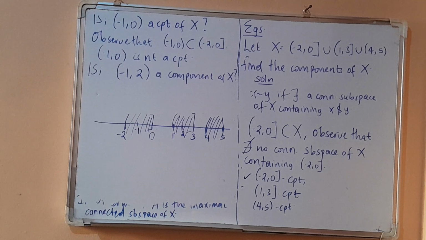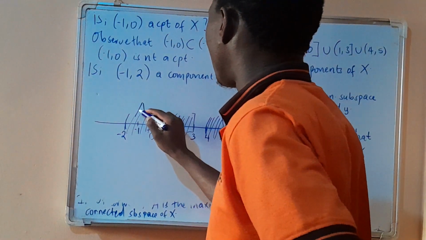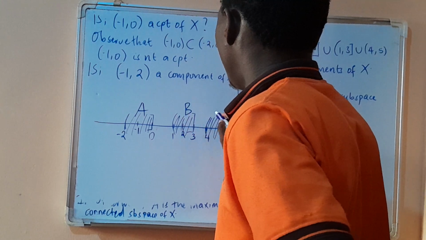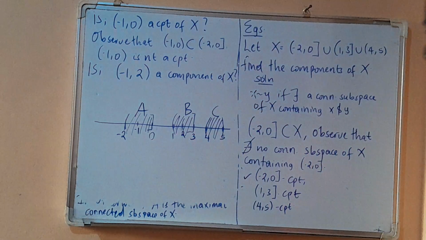Because X is the union of this set, which I can call A, B, C, and you realize that A, B, and C are disjoint. They are actually forming a union of X. So it's like within X we have a separation. So X is not connected.